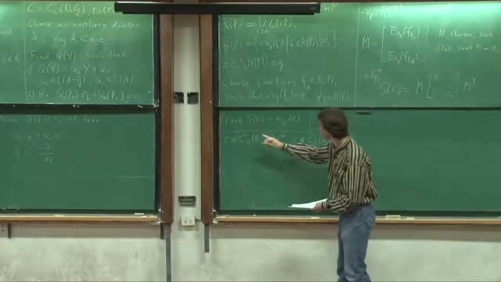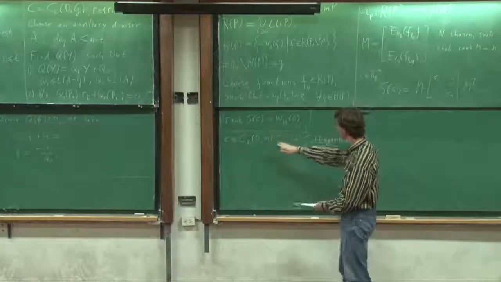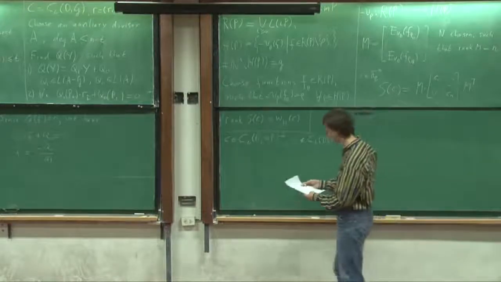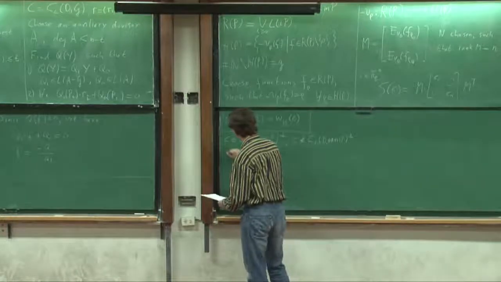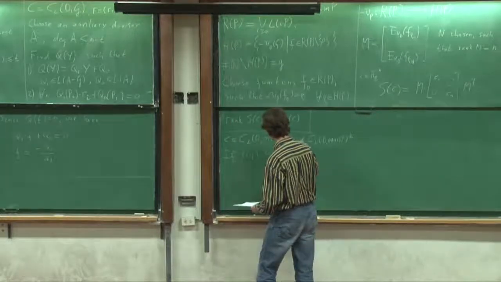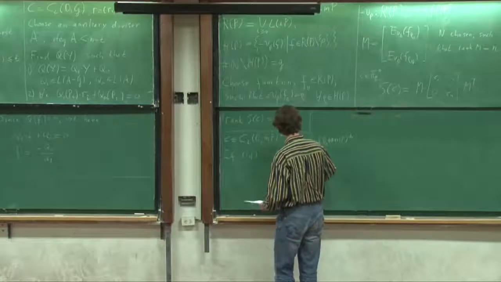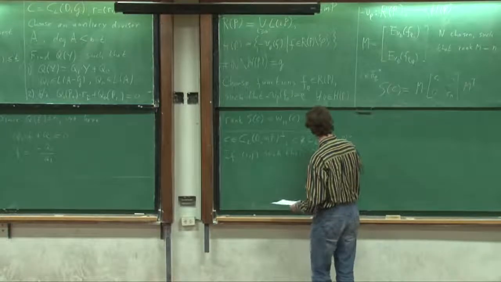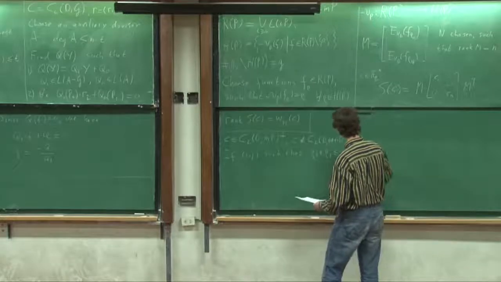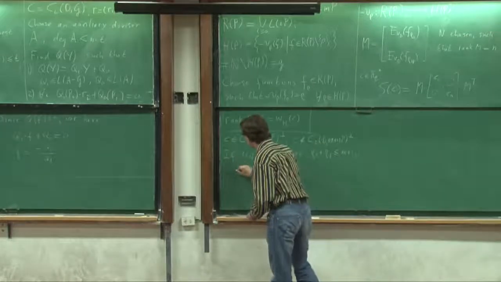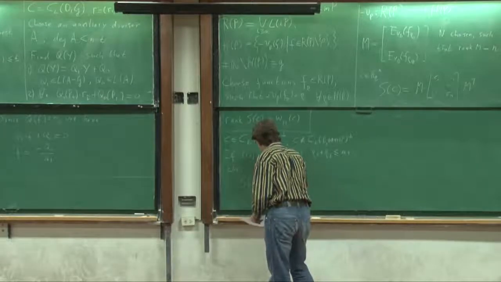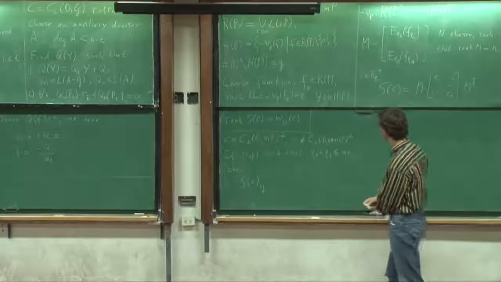So if C is not in this code, but it is in this code, then we can say something about it. Because it turns out that if we have a pair i, j such that rho i plus rho j is less than or equal to m plus 1, then we can say something about the ijth entry.